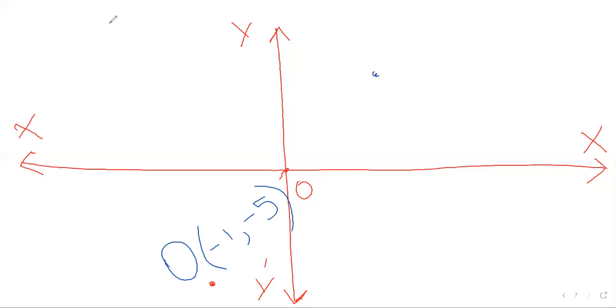That is the shop, that is (3, 3). So what we are looking for is the coordinates of the point exactly halfway between her office and the shop.